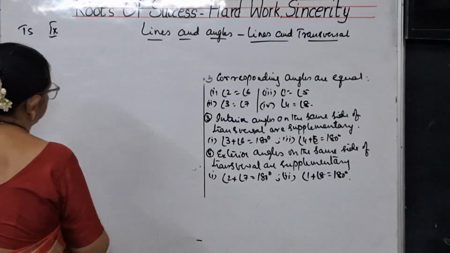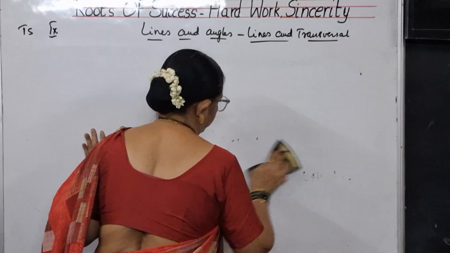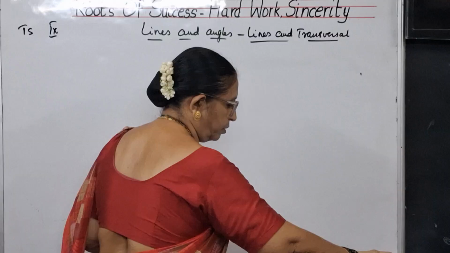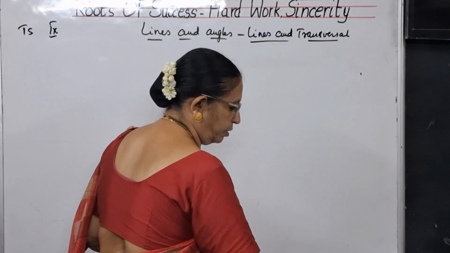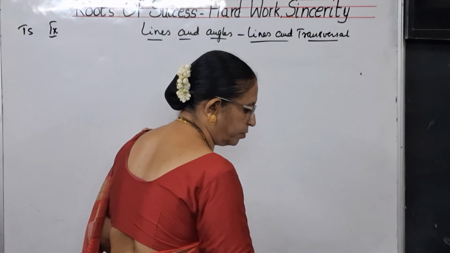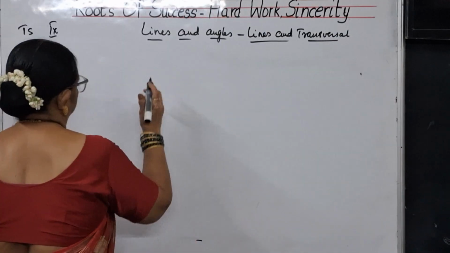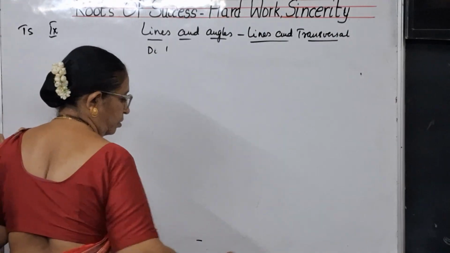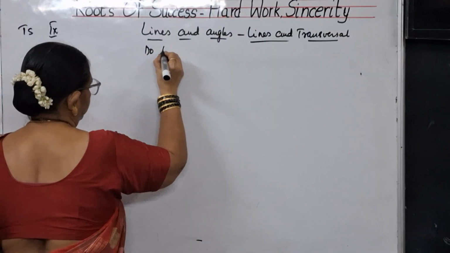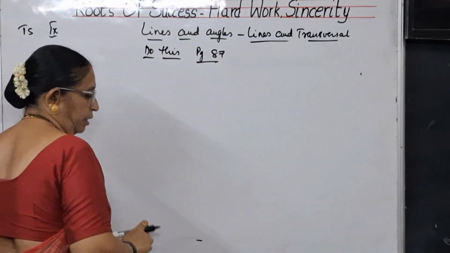Now we will be doing certain problems that are there, children, in your textbook. Do these sums on page 87.